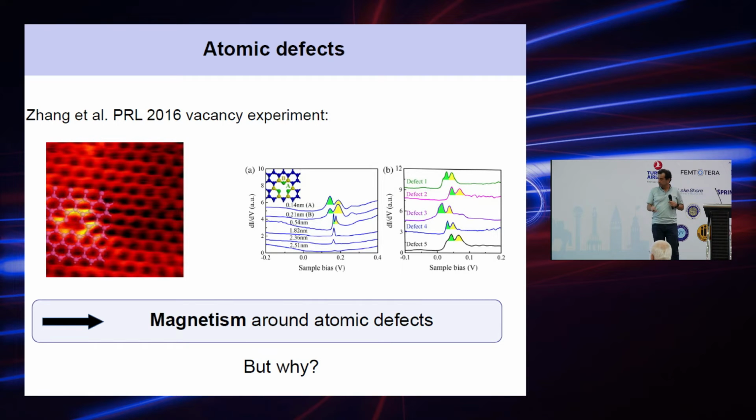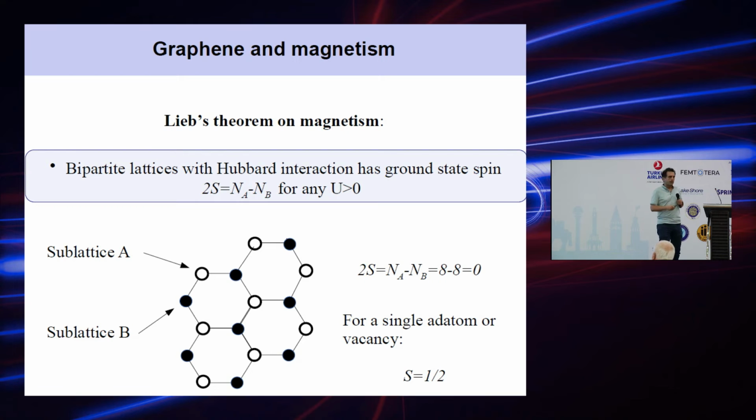Why does that happen? I think the cleanest way of explaining this is discussing Lieb's theorem on magnetization for bipartite lattices. That says that bipartite lattices with Hubbard interactions have a ground state spin that is equal to the difference between the number of A sublattice atoms and B sublattice atoms.